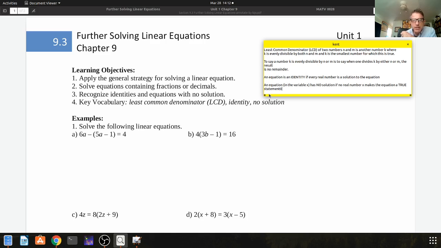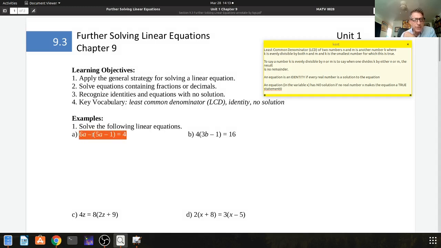Now let's go to these two right here. The least common denominator I just defined. And the term identity refers to a special type of equation. An equation in the variable x, or whatever variable you have. For example, this equation right here, why is it an equation?